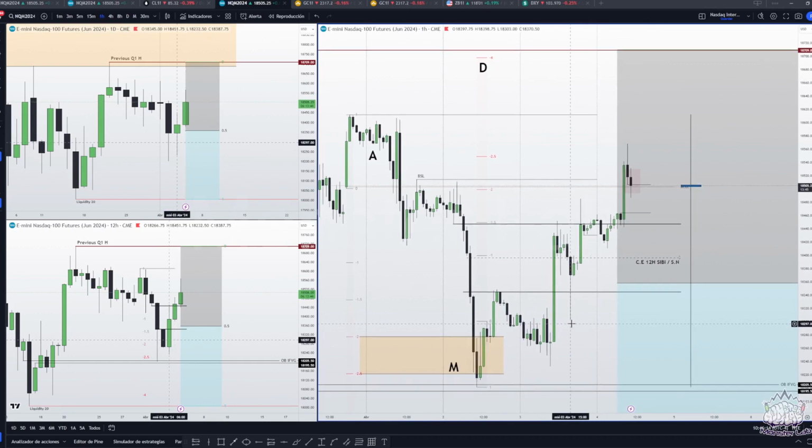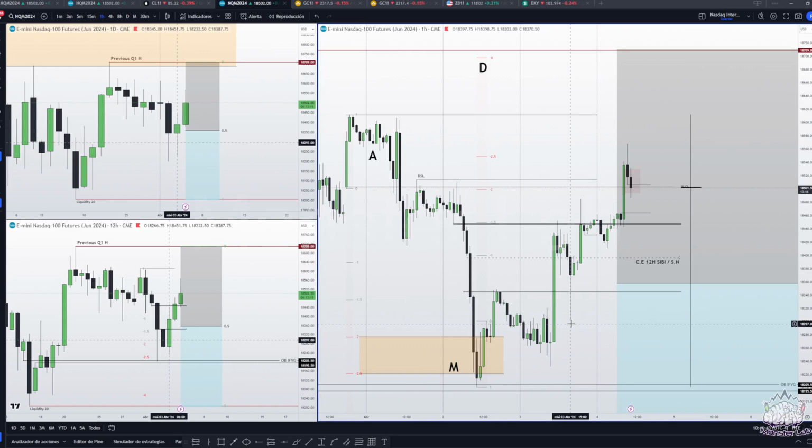Yeah, the precision is not only for entries. The precision is for anticipating when price's probability doesn't move. It's not only for entries and sniper entries.